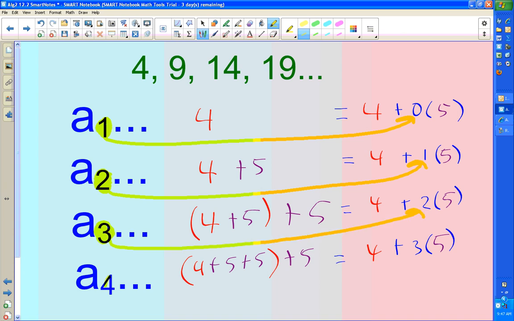See if we can determine the pattern that develops in those situations. What do you notice between the number of 5s and the position of the term itself? It's 1 less than the position. 2 5s for the third term, 3 5s for the fourth, 1 5 for the second, etc.